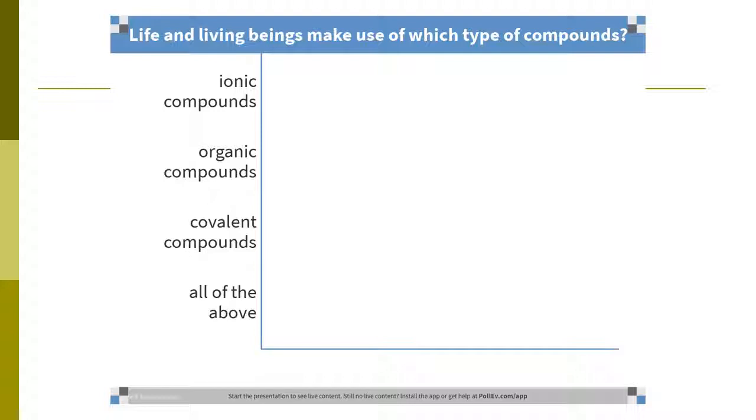You have to have some covalent compounds, and of course you have some organic. Some students will want to say it's just organic because that's chemistry of life. No, in your body, it actually requires all different types of compounds. And that is the conclusion of chapter 3. Good luck on your test.